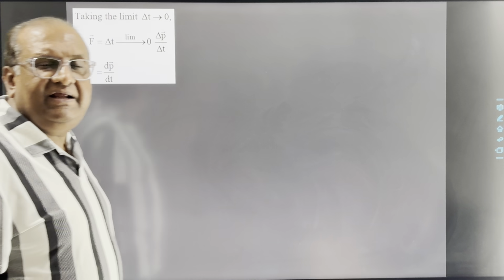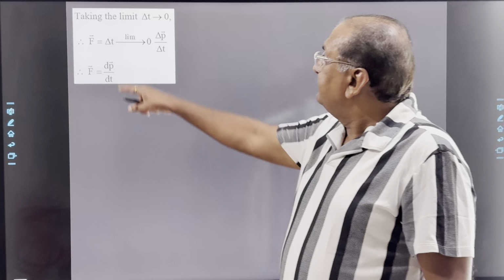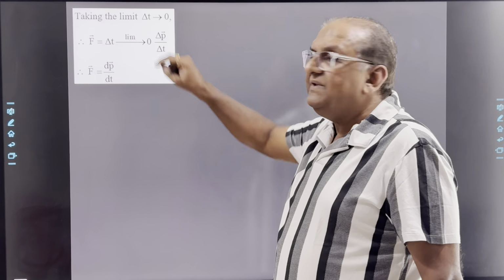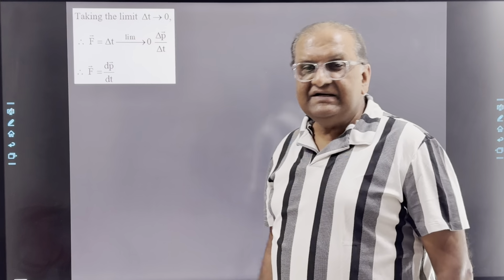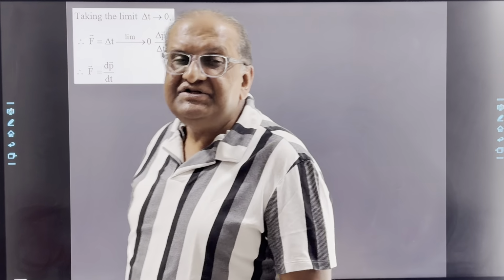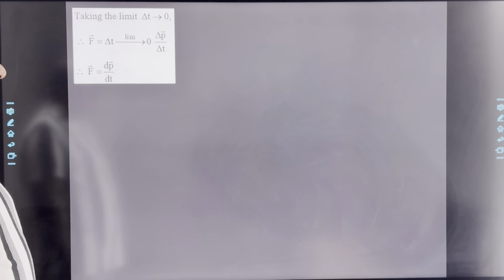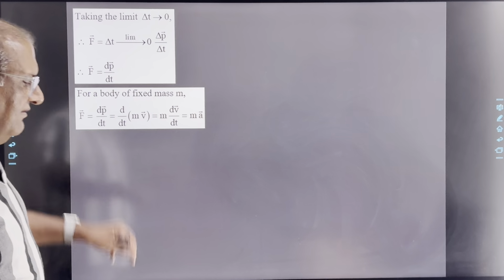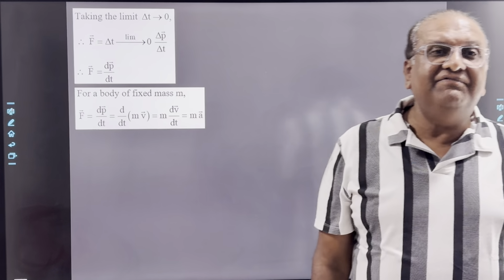Now suppose we take the limit delta T tends to 0. Then we can write F equal to limit delta T tends to 0 of delta P by delta T. But this can be represented as differentiation. So we can write F equal to dP by dt. Now we know momentum P equal to mv.